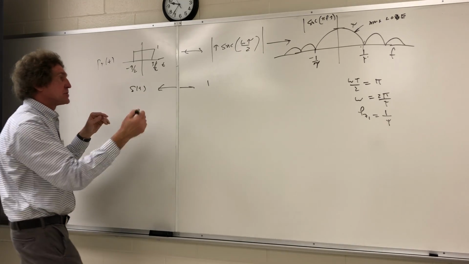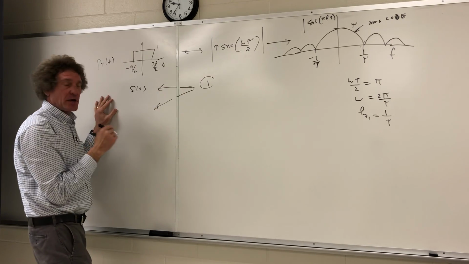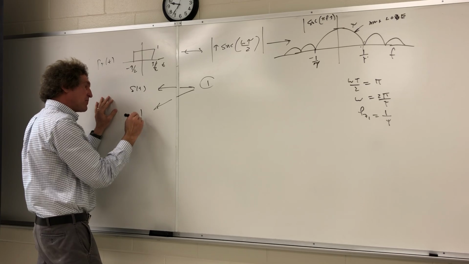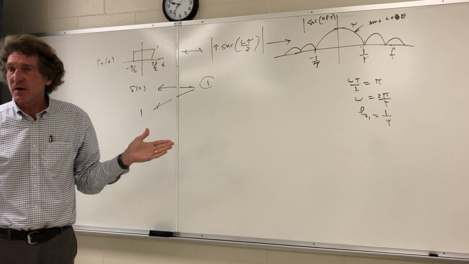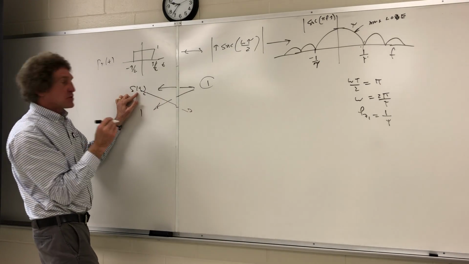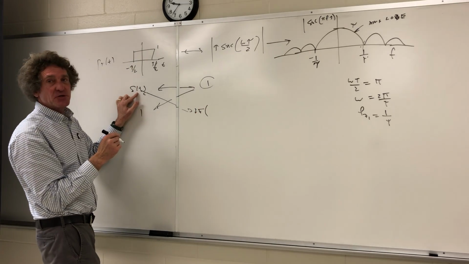Now, if you use duality, and it's been a while, duality says if I take this guy over here from the frequency domain and put him into the time domain, so if one exists in the time domain, that's DC voltage. Think of it that way. It's been on forever. In the frequency domain, I come over here and I grab this guy and I multiply it by 2 pi, and then I change the argument to minus omega.